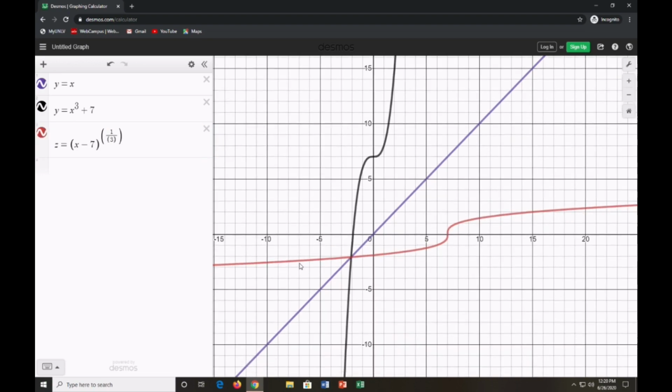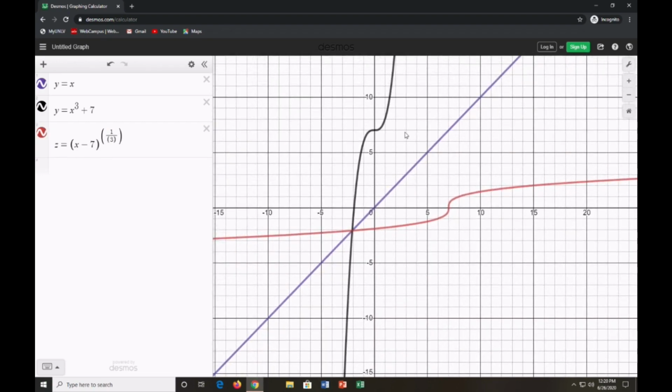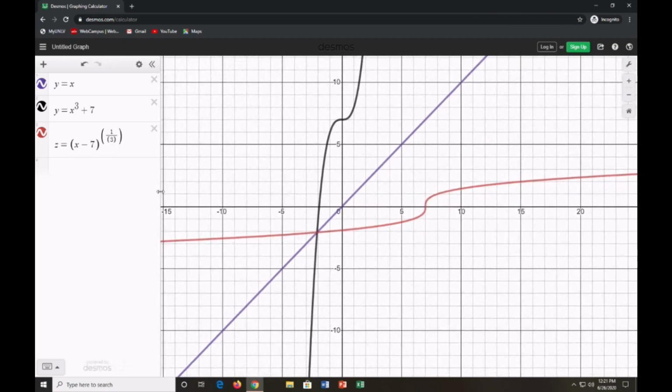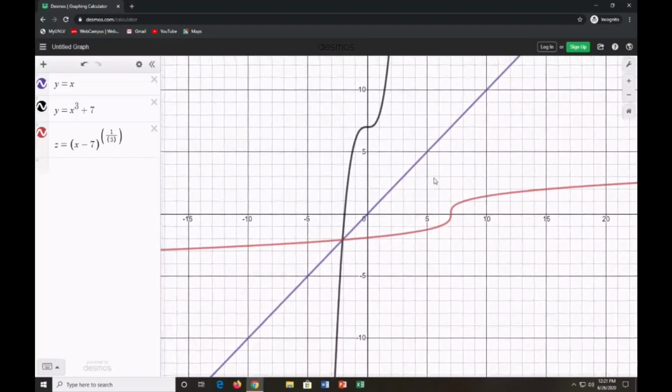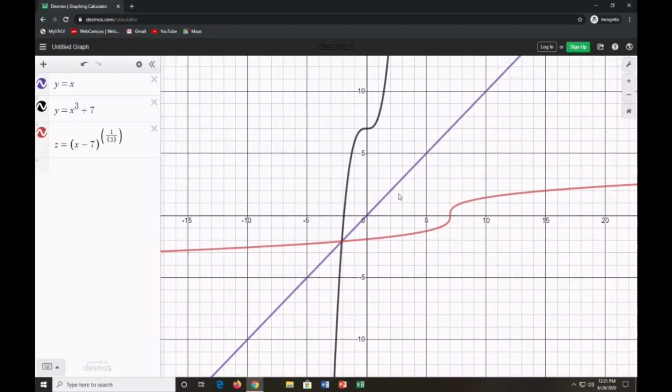Do you see it? So this is what we mean when we say that a function and its inverse are mirror images of each other across the y equals x line. Okay, that's clearly shown there. So the red line is the inverse function to the graph shown in black.